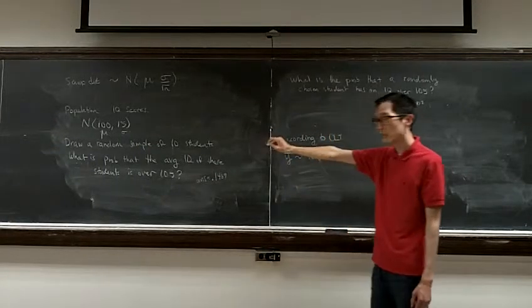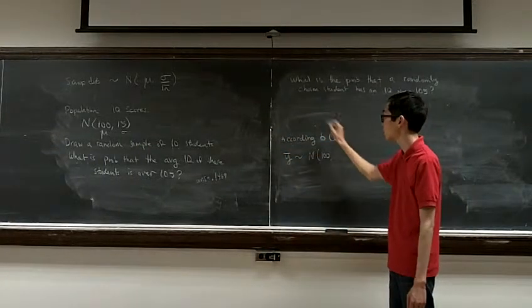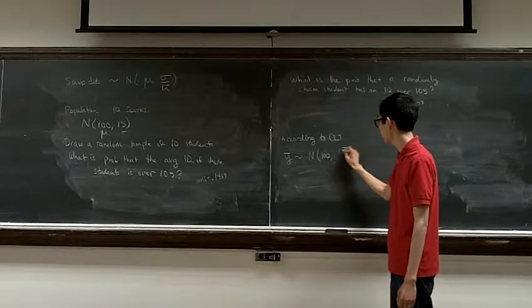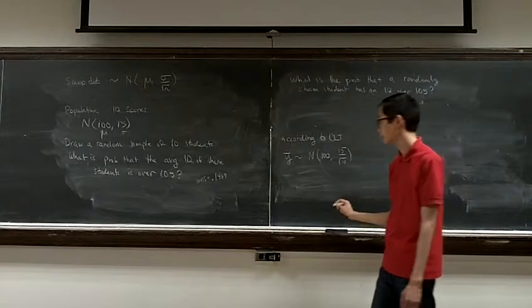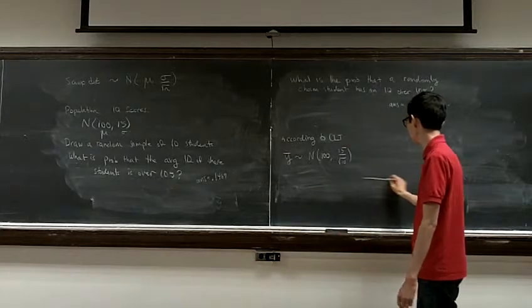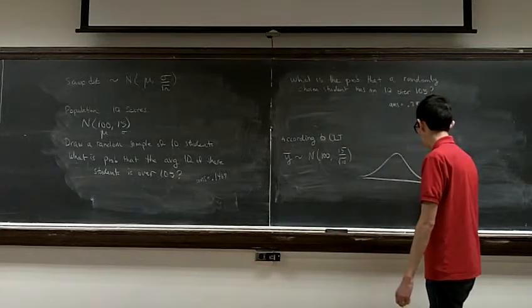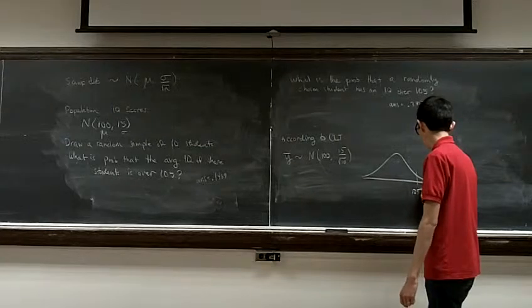The mean is still 100, but the standard deviation of the sampling distribution is going to be 15 over the square root of 10. I want to know the probability that we're over 105.